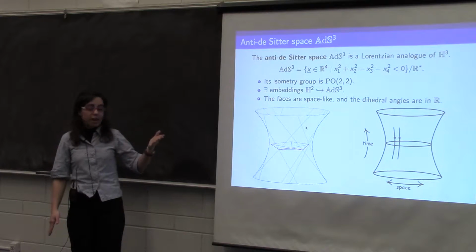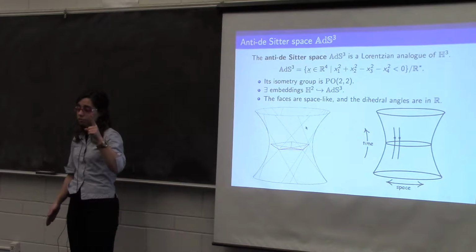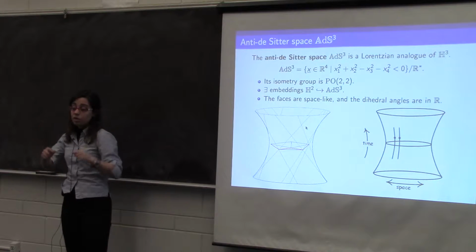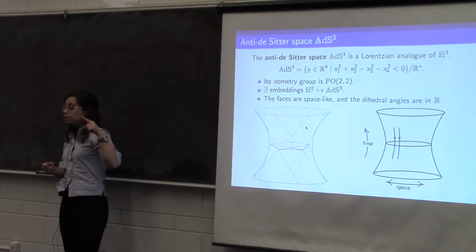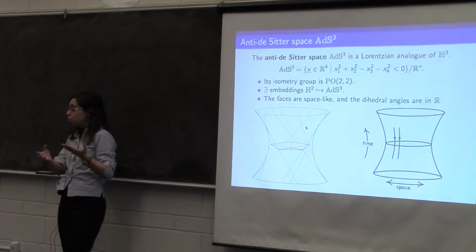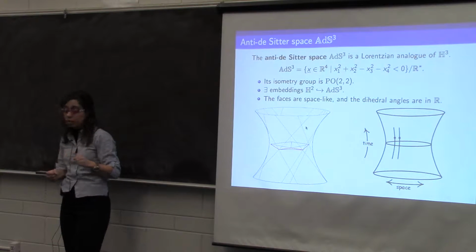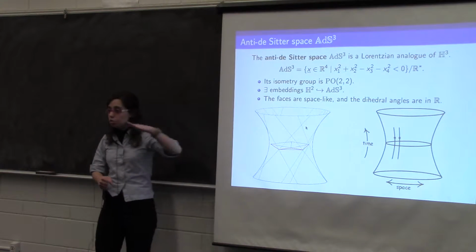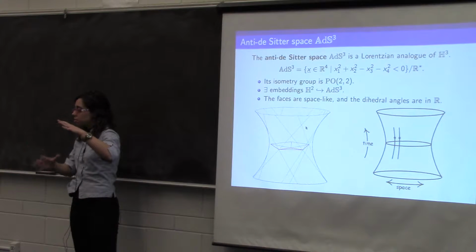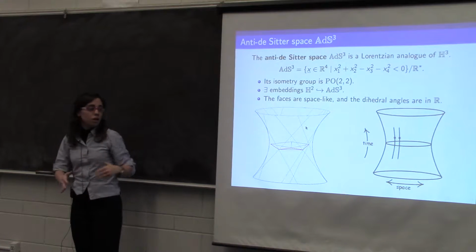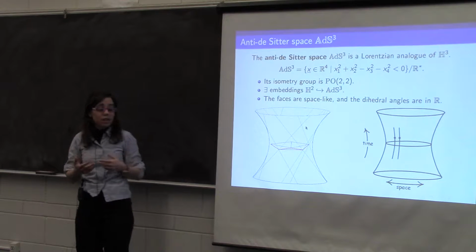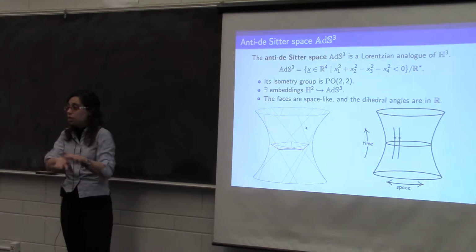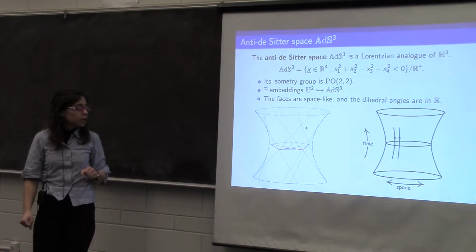And so a vector can be time-like when its inner product is negative, light-like when the inner product is 0, or space-like, okay? So in particular, the H2 inside the space, you should think of as a space-like plane in your geometry, okay?